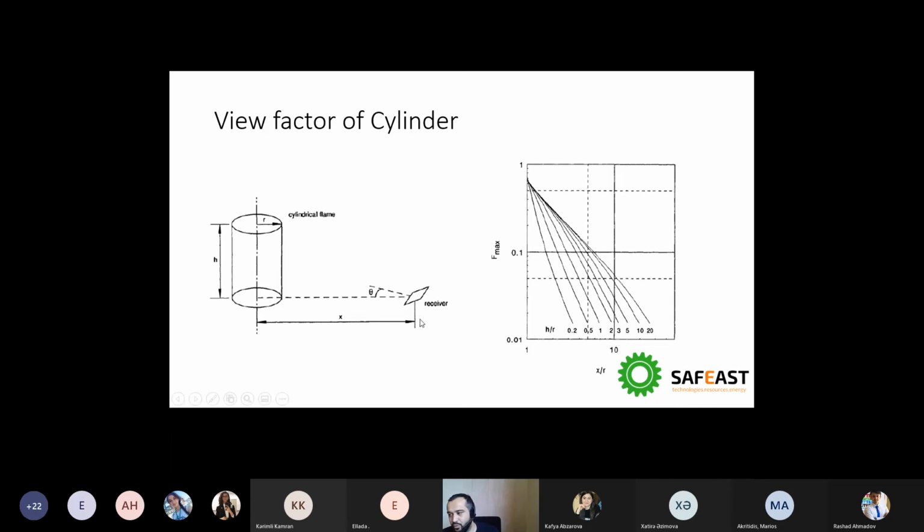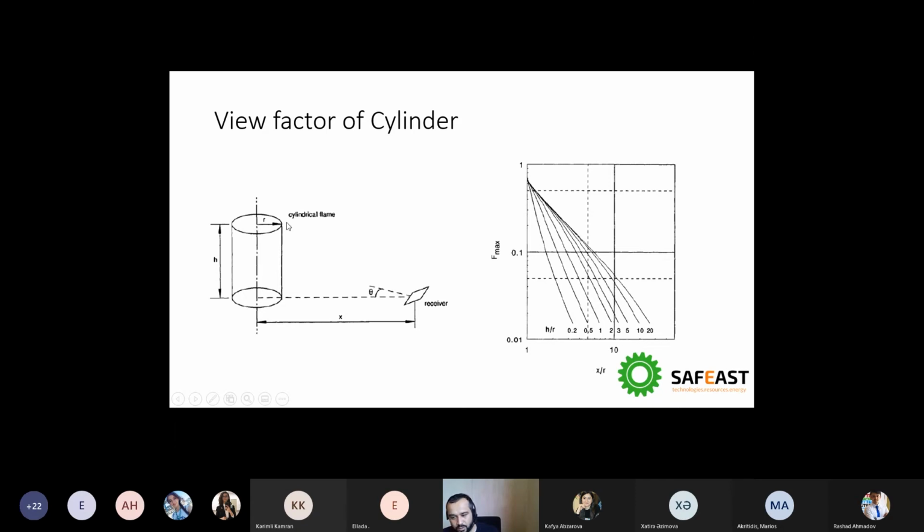Let's say the height of the flame is 10 meters, and you are interested in someone at 100 meters from this flame, and what this fire means to him.